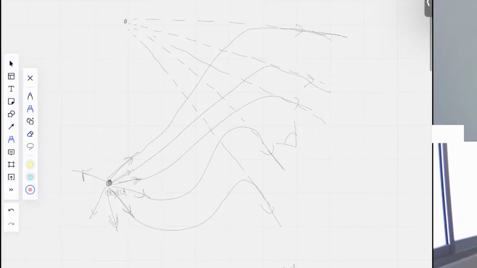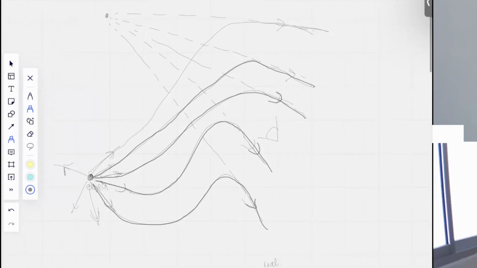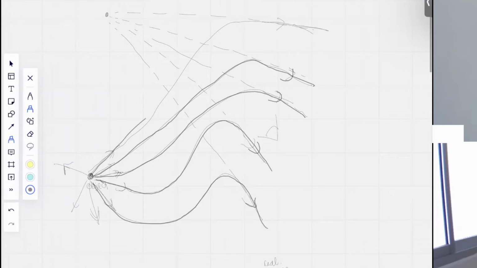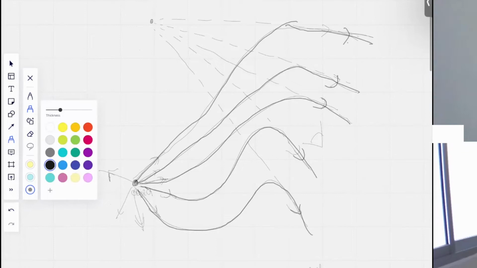Now you see here. Okay, I draw thicker here. Wait. I draw thicker here using the black one. Yeah. Like this, right? Okay. Then you draw dotted lines.